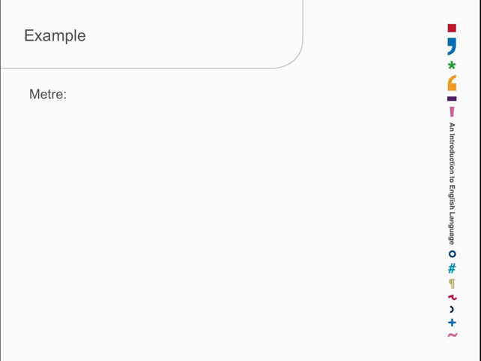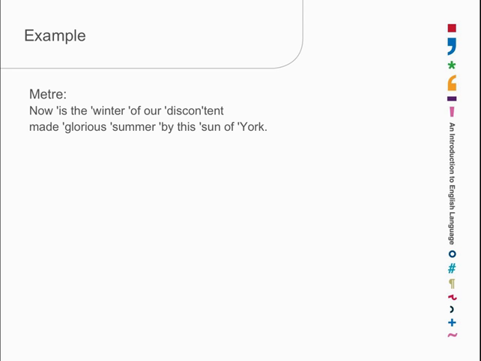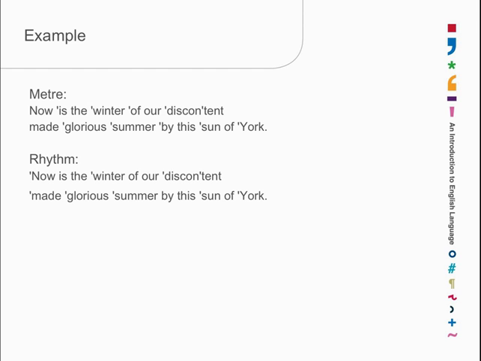So here are the first two lines of Richard III. And this is the meter. And this is what you don't say. "Now is the winter of our discontent made glorious summer by the son of York." That would be the opening if you are following the meter. But of course, while that's the template, this is what you might say.